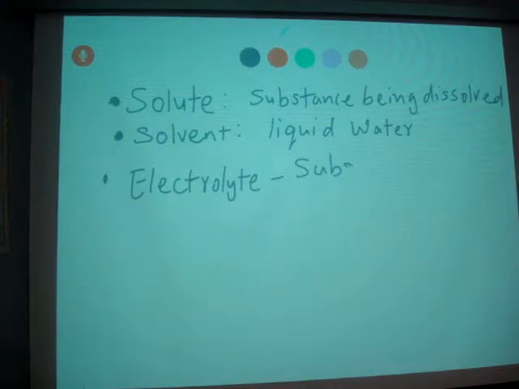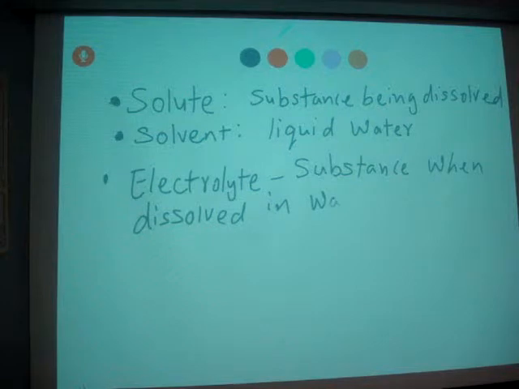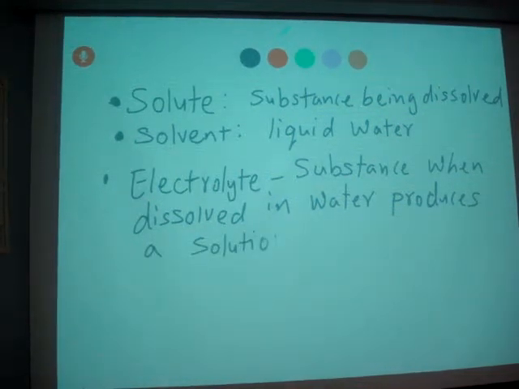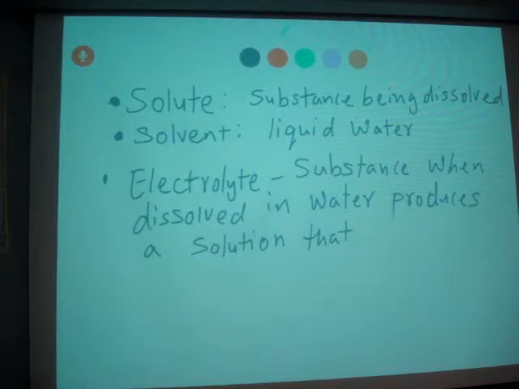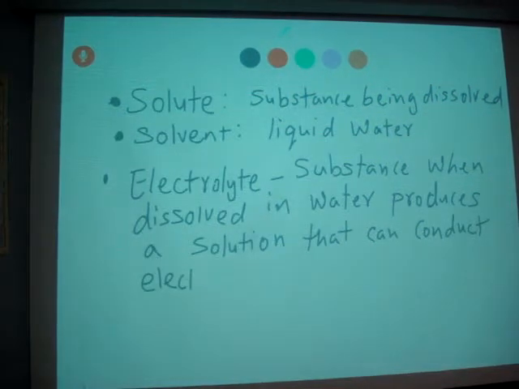A substance that, when dissolved in water, produces a solution, and that solution can conduct electricity. That is called an electrolyte.